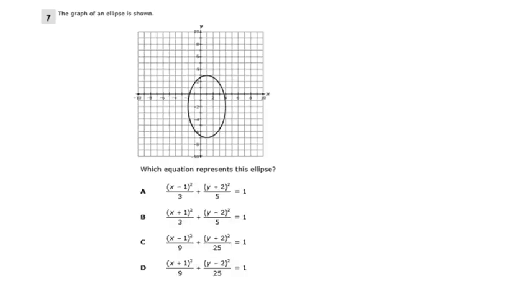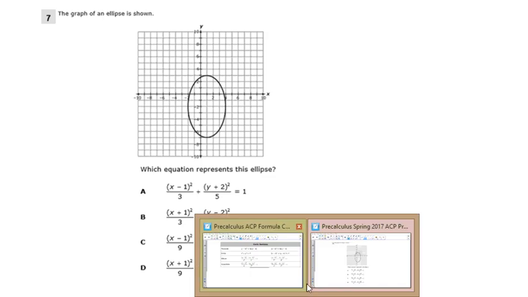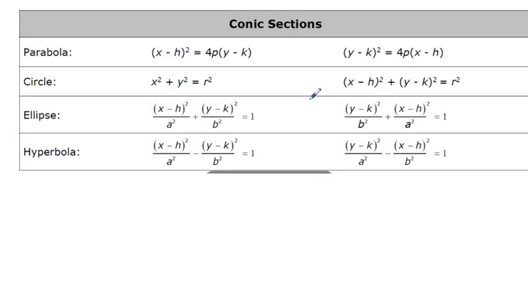Next, the graph of an ellipse is shown. Which equation represents this ellipse? Basically, what you look at is the form of an ellipse, and I'm going to go to our ACP formula chart here. You see the standard form of an ellipse. And what you have is your A over here.